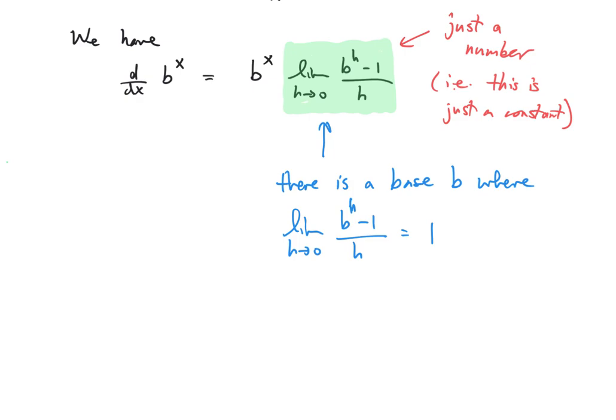That magic number, where when I plug in that number for b I get 1, is the number e.